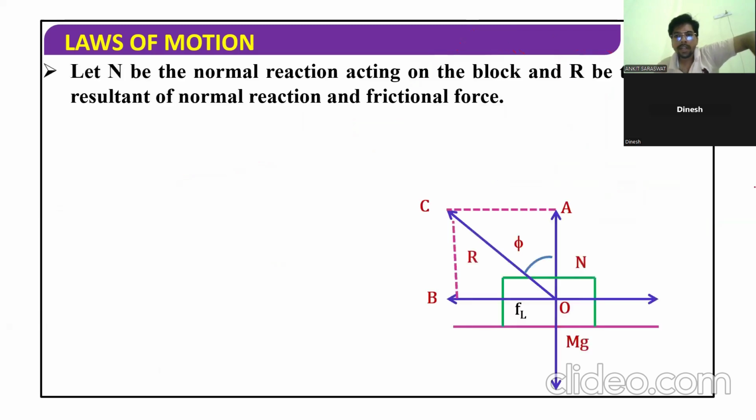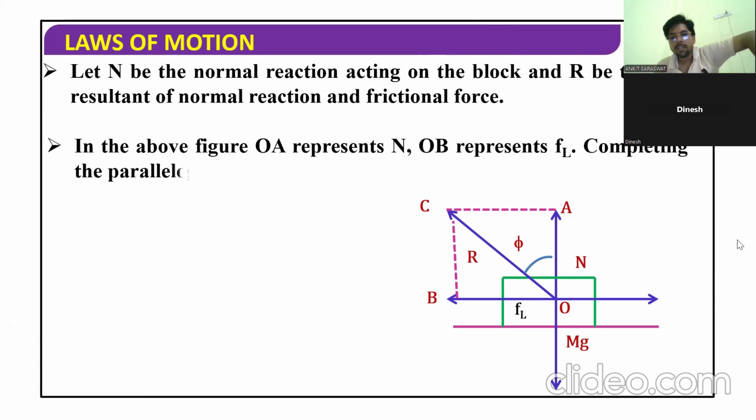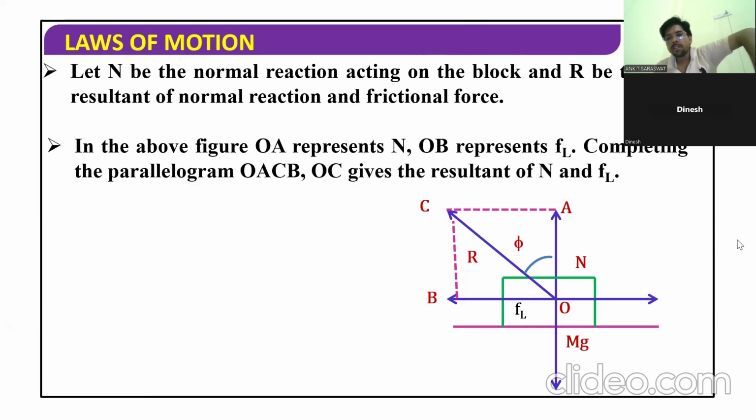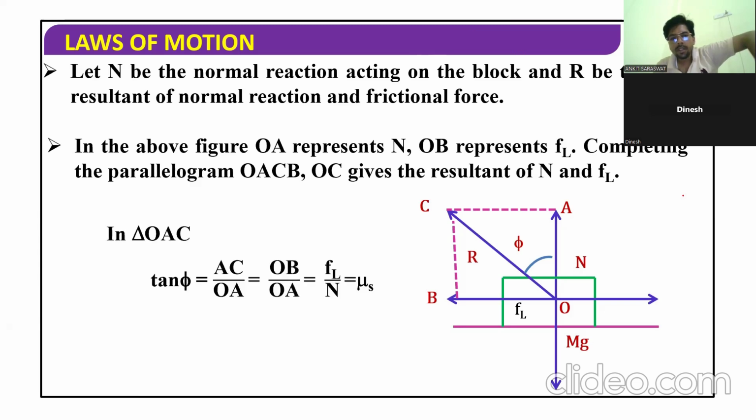Let N be the normal reaction force acting on the block and R be the resultant of the normal reaction and the friction force. In the above diagram, OA represents the normal, OB represents the limiting force. Now OAC is a parallelogram, you know very well. In triangle OAC, tan phi is perpendicular by base.